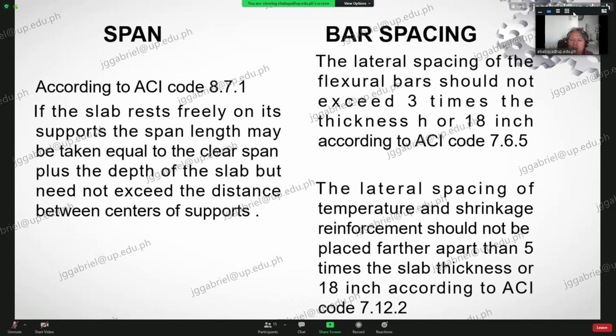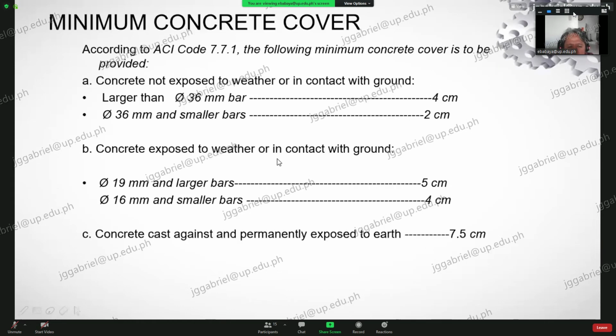That is the flexural bars. Okay? If I may go back to the drawing so that I can illustrate. It doesn't want to go back. Okay. Sorry. It got stuck.